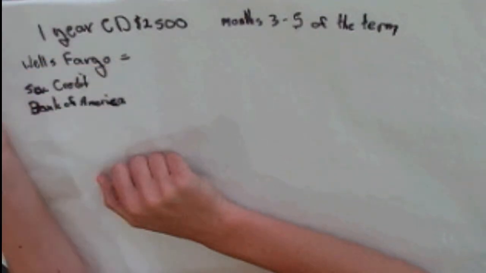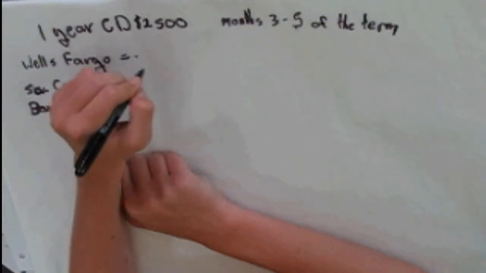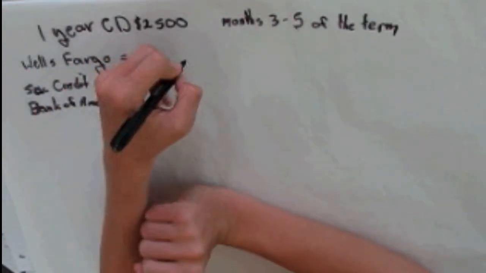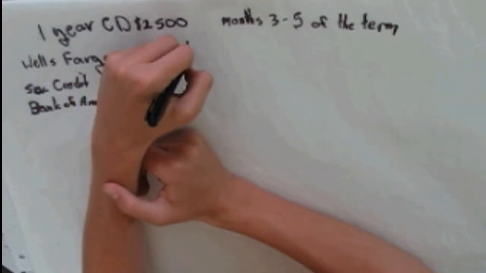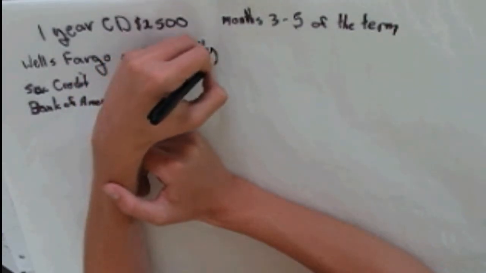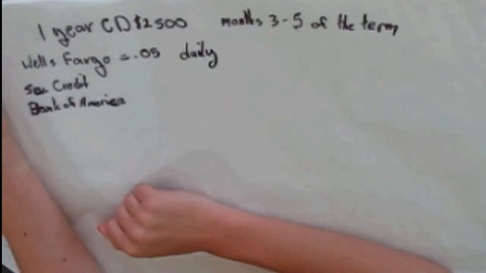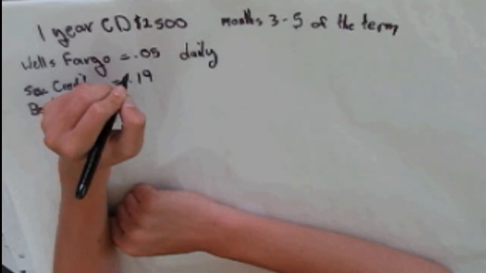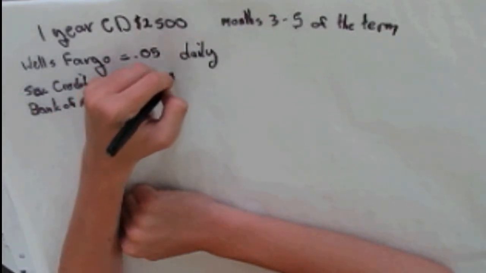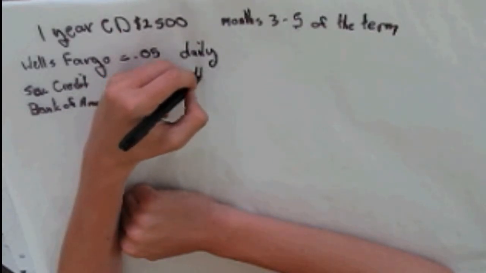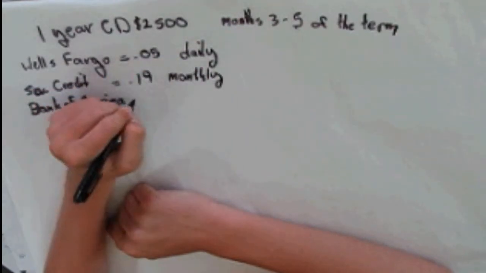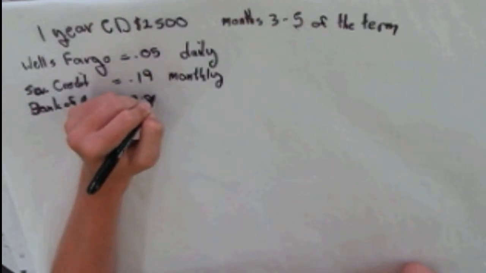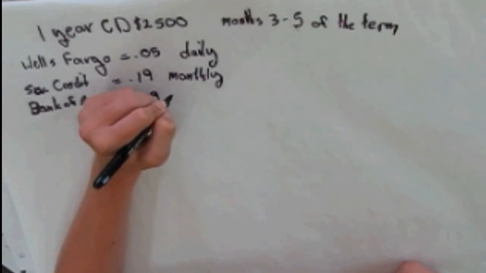So at Wells Fargo, the annual percentage yield for that CD is 0.05%, and it is compounded daily. At Sacramento Credit Union, the APY is 0.19. That is compounded monthly. And then at Bank of America, the APY is 0.09, and that is compounded daily.